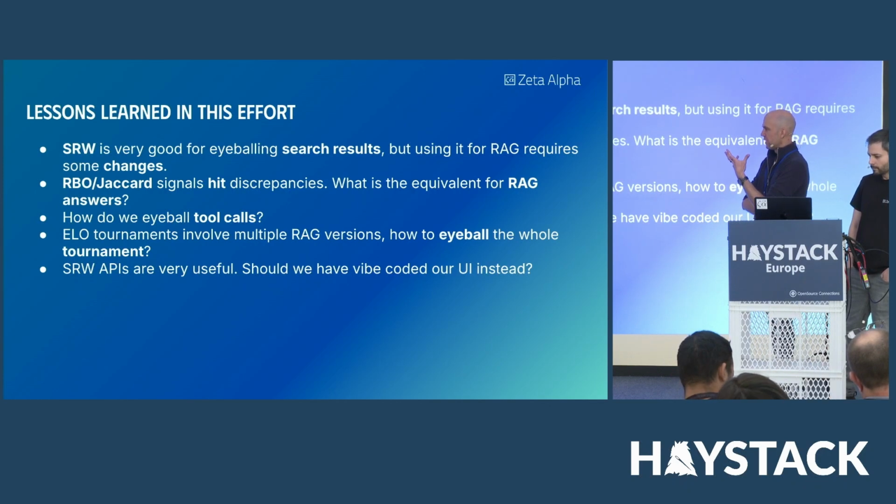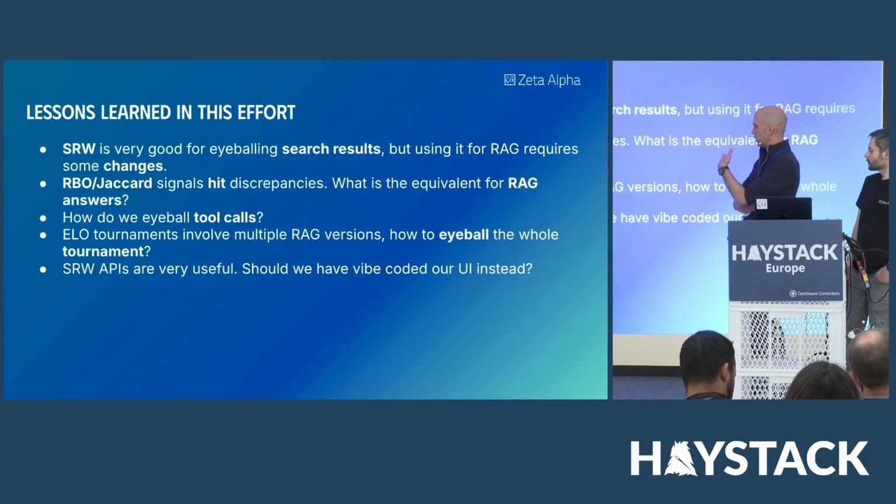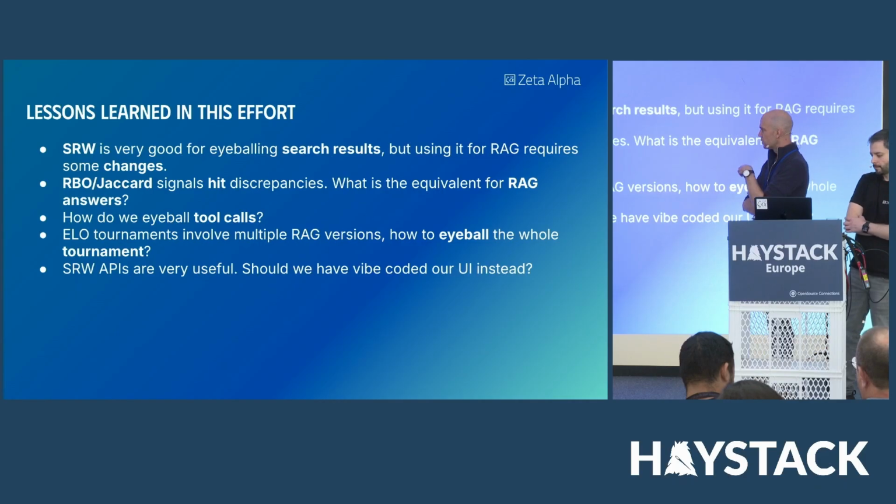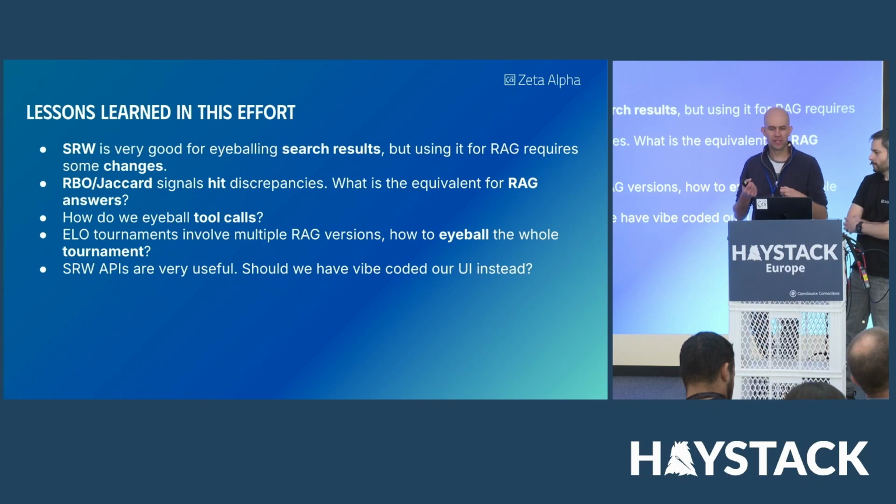We also don't really have a way to eyeball tool calls. So if there's something like web search or searching in a search engine, that becomes even trickier when we want to apply the Search Relevance Workbench. That is definitely one challenge that we discovered. Elo is a nice way of comparing multiple RAG versions and agents.